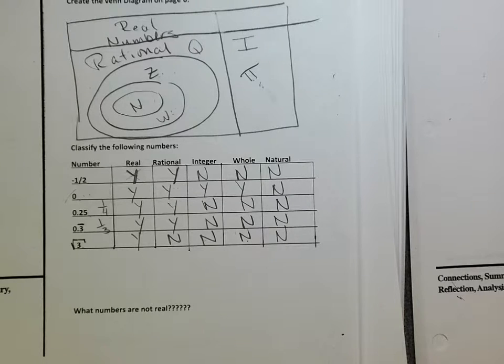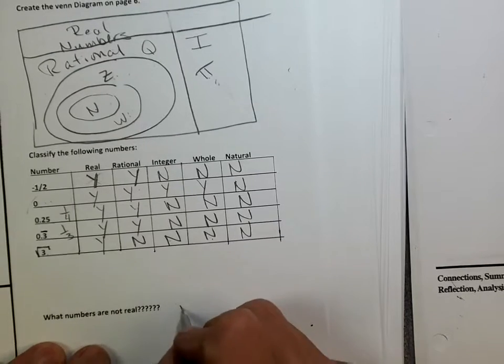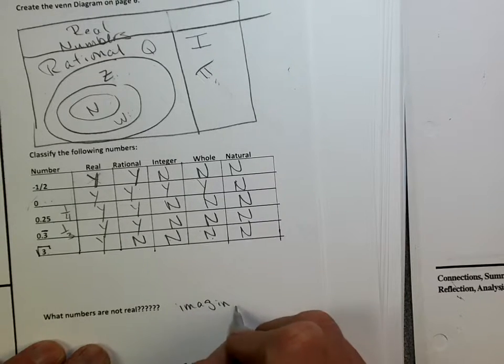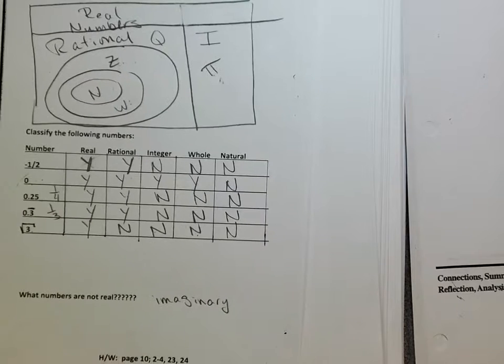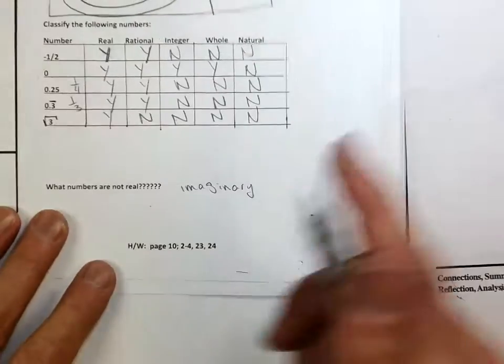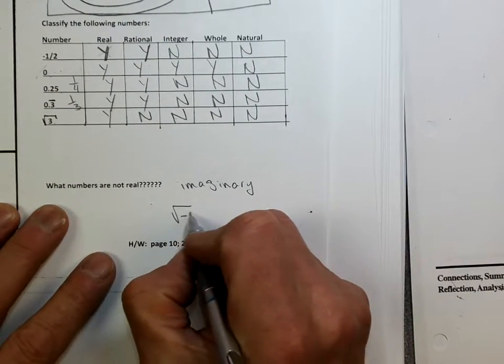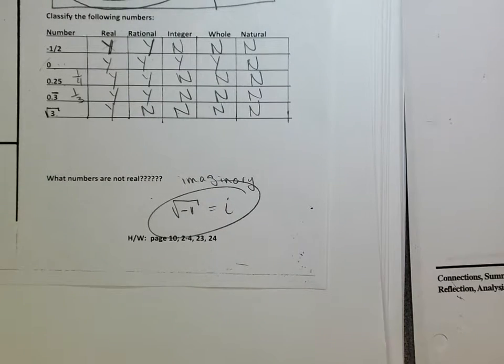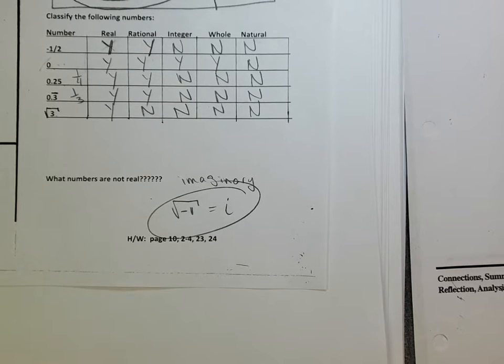One person's heard of imaginary numbers. Avery? So, imaginary numbers. Well, if they're imaginary, they don't exist, do they? They're just imaginary, right? But we'll talk about imaginary numbers someday. For example, the square root of -1 is i. Anybody see that before? Okay, a couple of you. That is an imaginary number. It's not a real number at all.